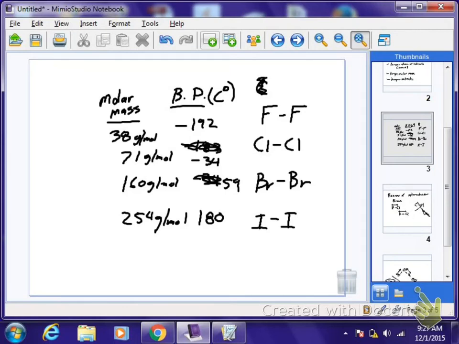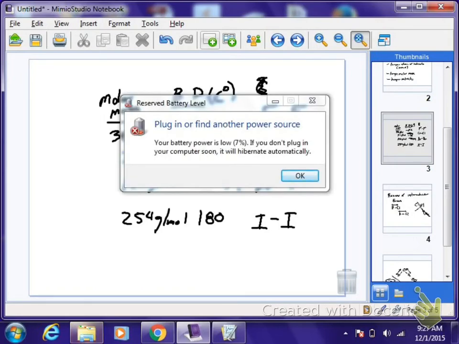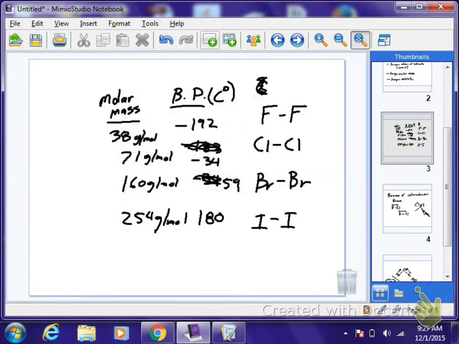All right? So, does fluorine through iodine, does any of those have dipole-dipole interactions? They're the same. So they would be the same. Does any of them have hydrogen bonding?